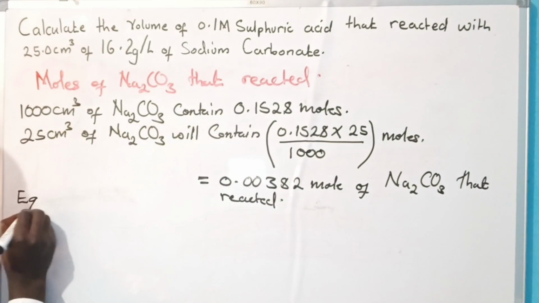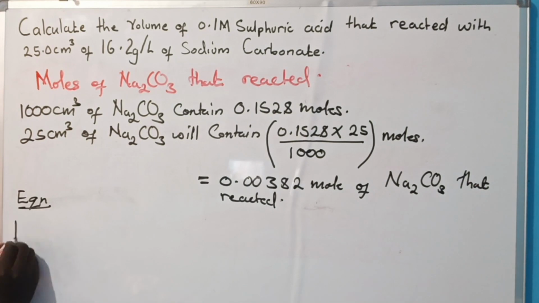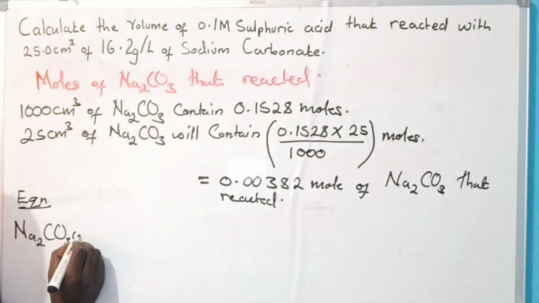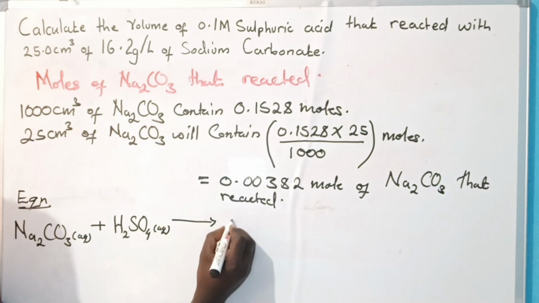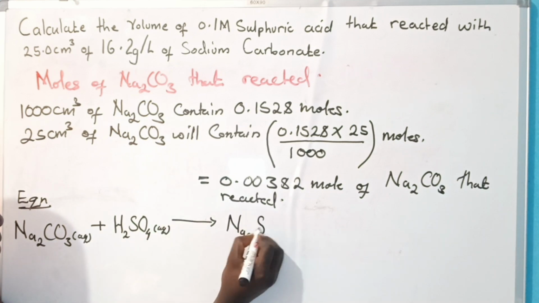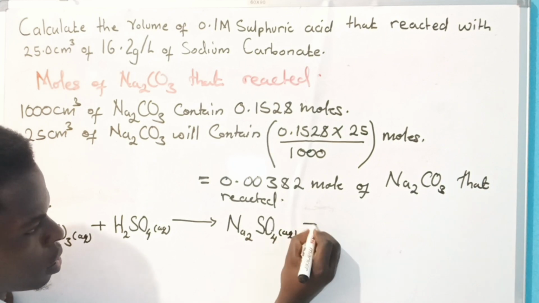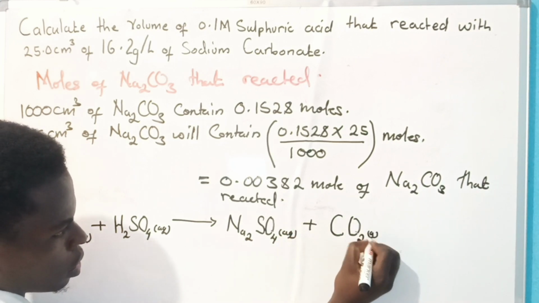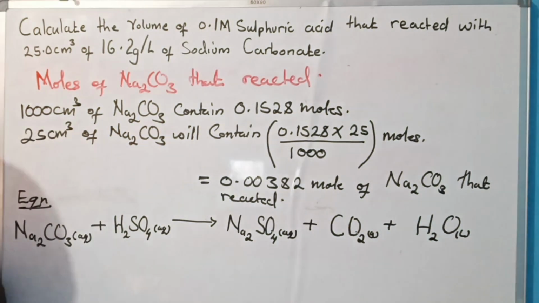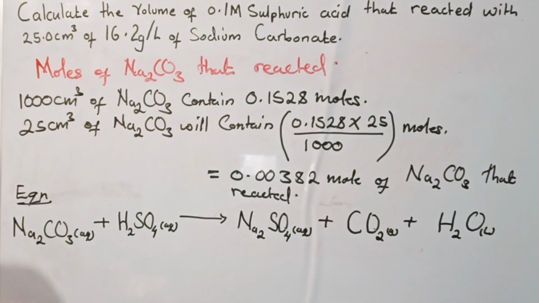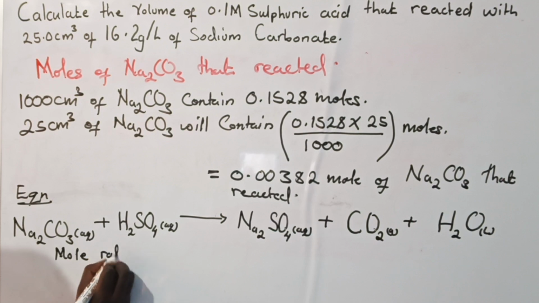Let us try to write the equation of the reaction between sodium carbonate and sulfuric acid in order to determine the reaction ratio. The mole ratio of this equation is 1:1.